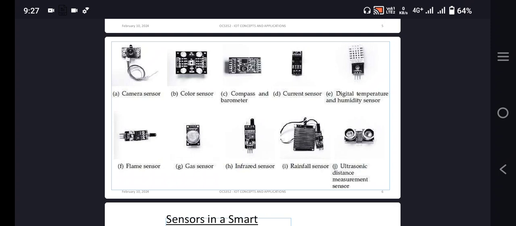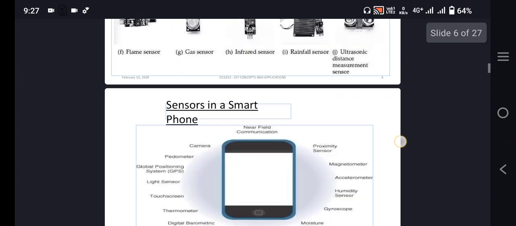Some examples of sensors are described in this diagram: camera sensor, color sensor, compass and barometer, current sensor, digital temperature and humidity sensor, flame sensor, gas sensor, infrared sensor, rainfall sensor as well as ultrasonic distance measurement sensor.